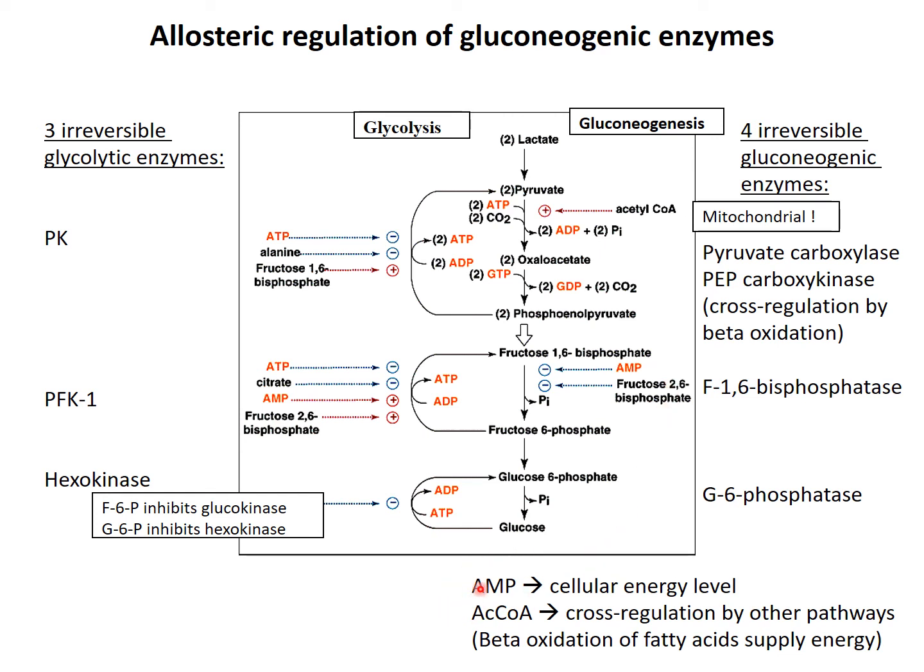So, couple of things to remember. Review glycolysis regulation and remember the different cross-regulatory agents that regulate gluconeogenesis. AMP, low cellular energy; acetyl coenzyme A, energy is available.